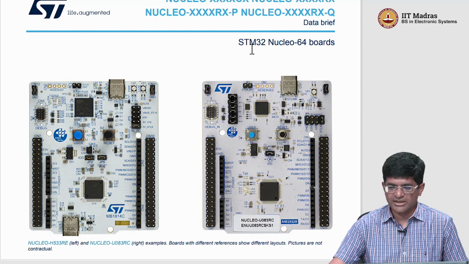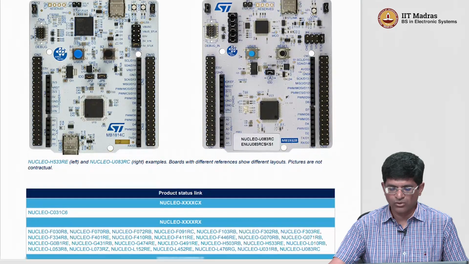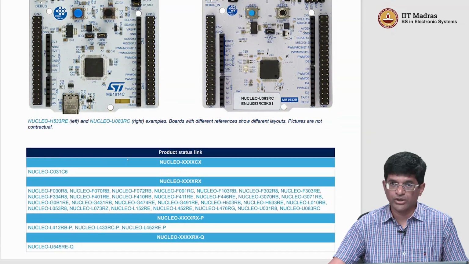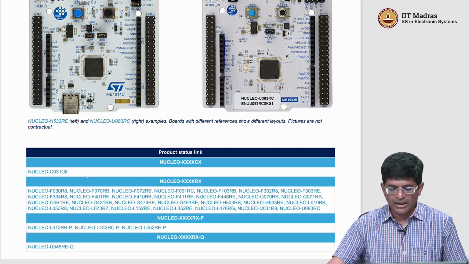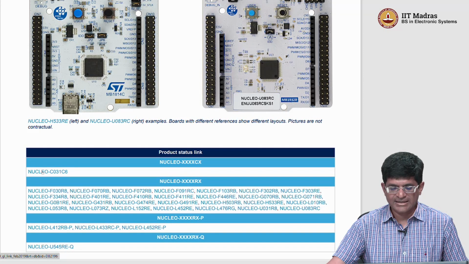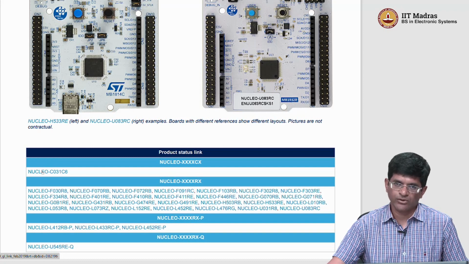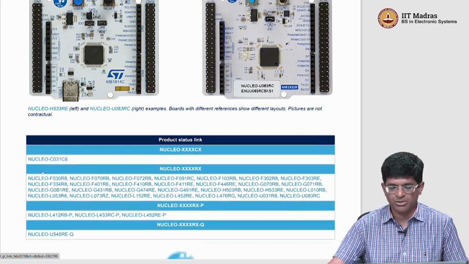In this particular case for the STM32 Nucleo boards, it gives you information about the different families present here, the Nucleo C031 C6, Nucleo F series, Nucleo G series, L series and so on. It also has hyperlinks that give you more information about each of these if you click on them, but that's not our purpose right now.